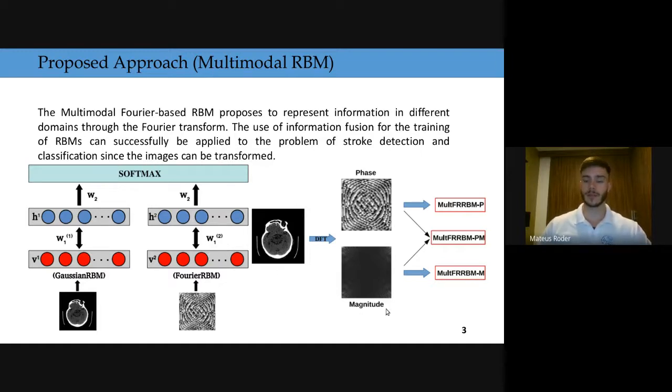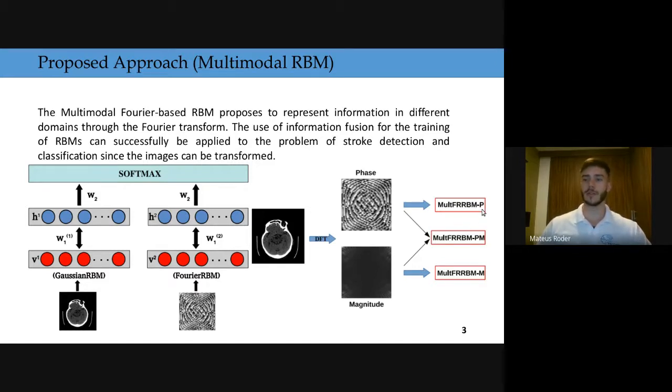On the right image, we have the same CT image from the brain, to which we can apply the discrete Fourier transform to capture the phase angle and the magnitude from the Fourier transform. These two measures, or new images, are used to feed the new networks, the multimodal Fourier-based RBMs.